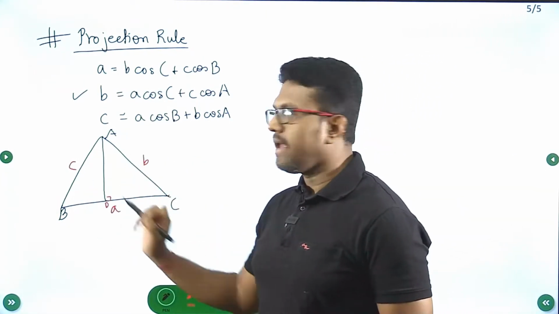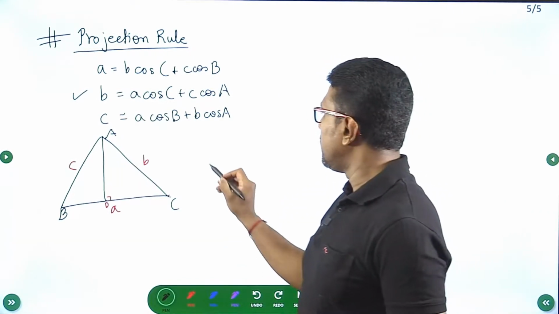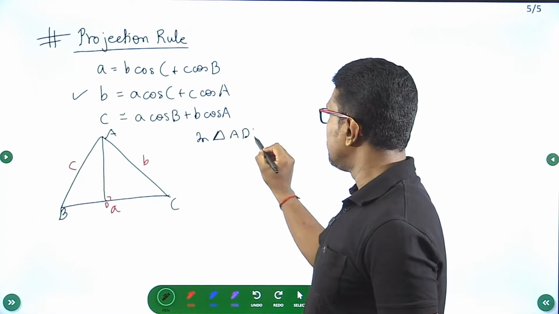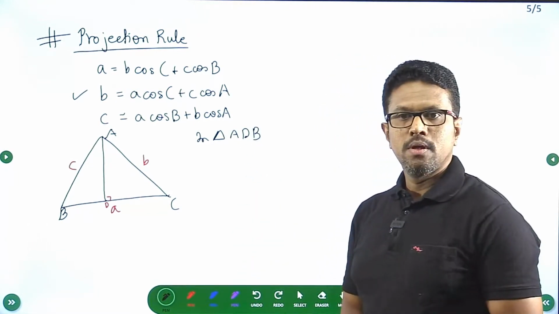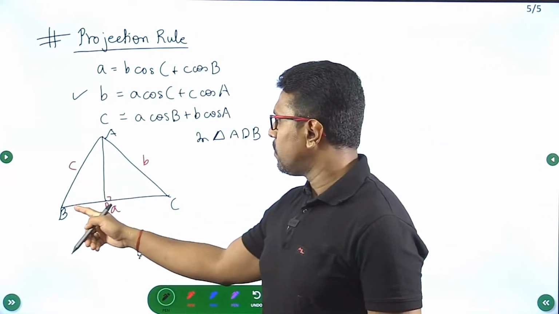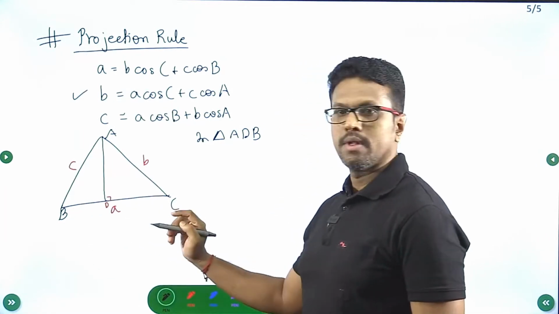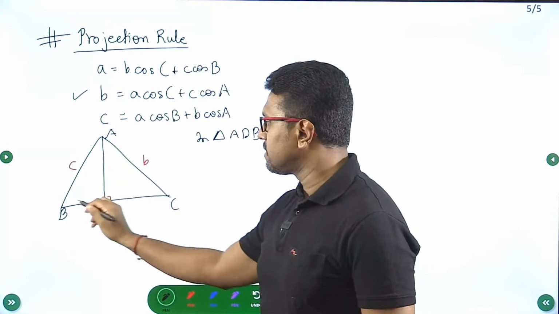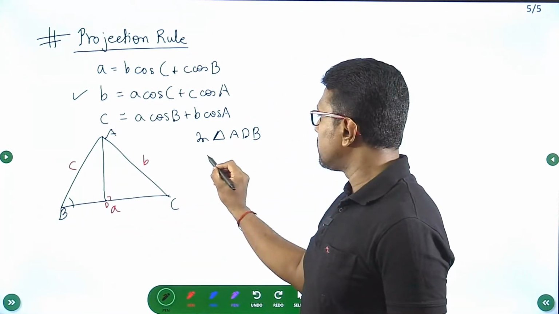So in triangle ADB, what can I say? What is BD equal to? Correct, I can use cos B, because it is the adjacent side for B. So what is cos B?